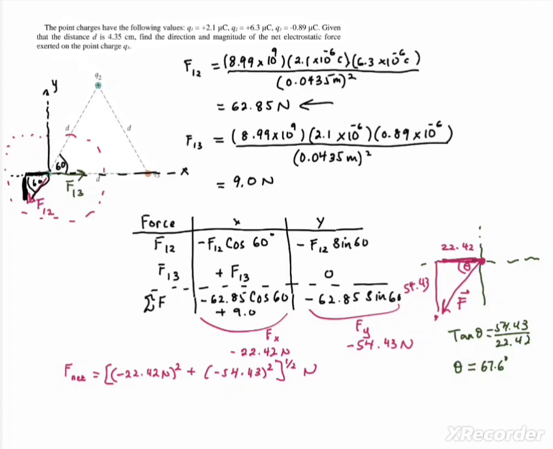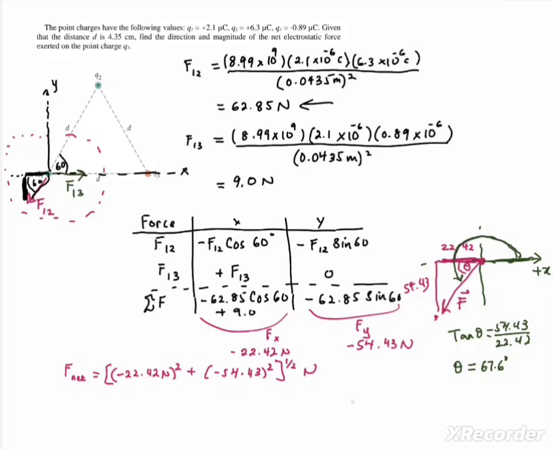So if I were to find this angle from the positive x-axis counterclockwise, meaning if I start at the positive x-axis and go counterclockwise until I hit my F vector, then you see that it is theta plus 180, because you go 180 and then theta.